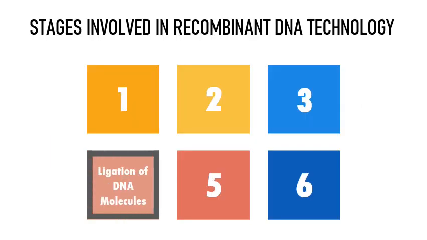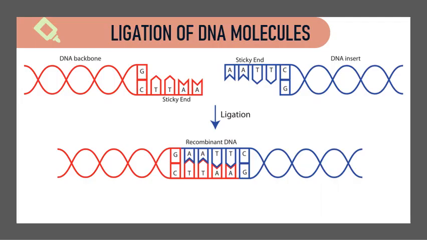Let us explore the fourth stage in recombinant DNA technology, that is ligation of DNA molecules. Ligation is a process of joining DNA with the help of specific joining enzymes called ligases, where the two ends of different or same DNA molecules are joined.